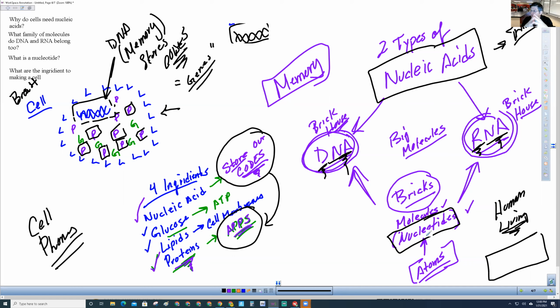And if we don't have those codes, we don't have the proteins. Just like your phone. If you don't download the right code, then you don't have the app that you need to do what you want with your phone. It's the same concept, but at a molecular level. Okay? Any questions on this, guys? Any questions? All right.